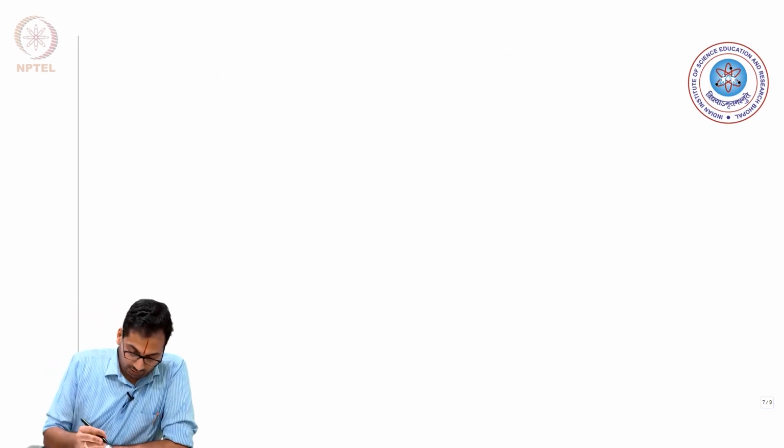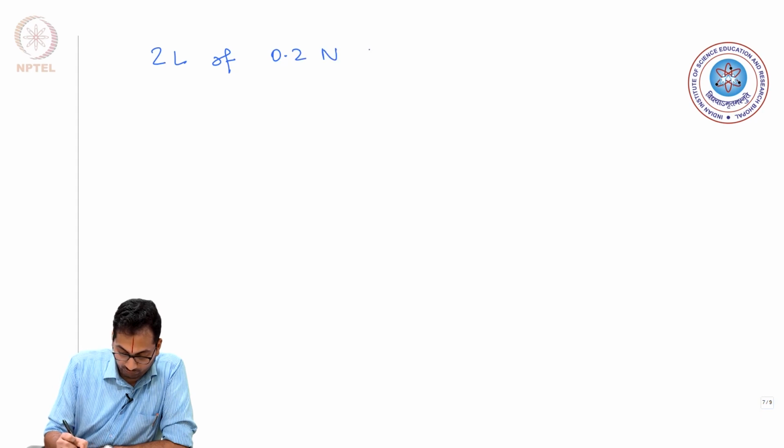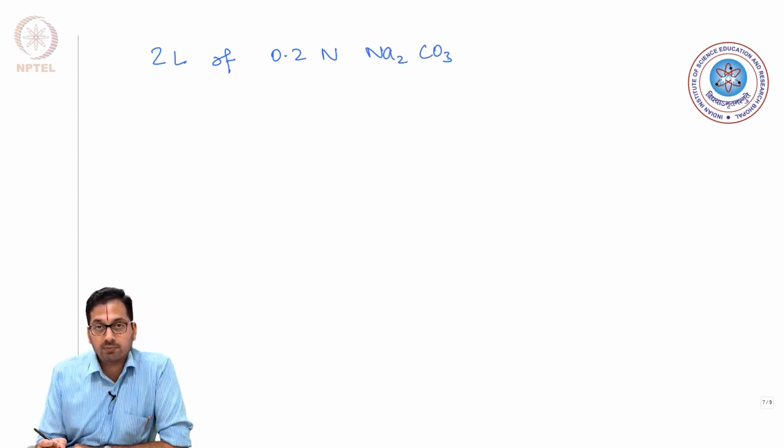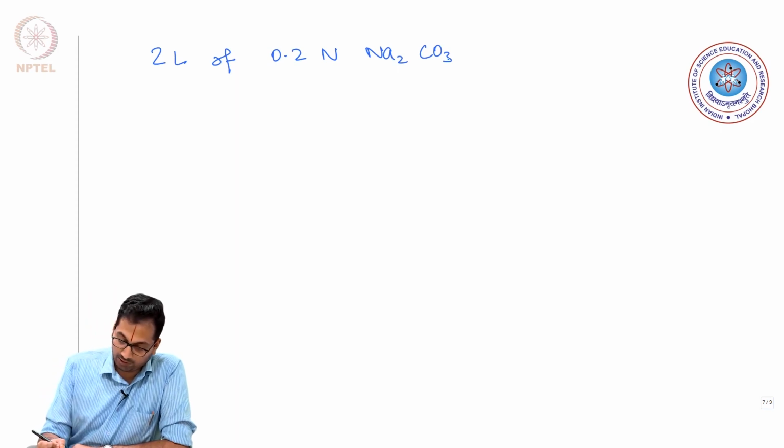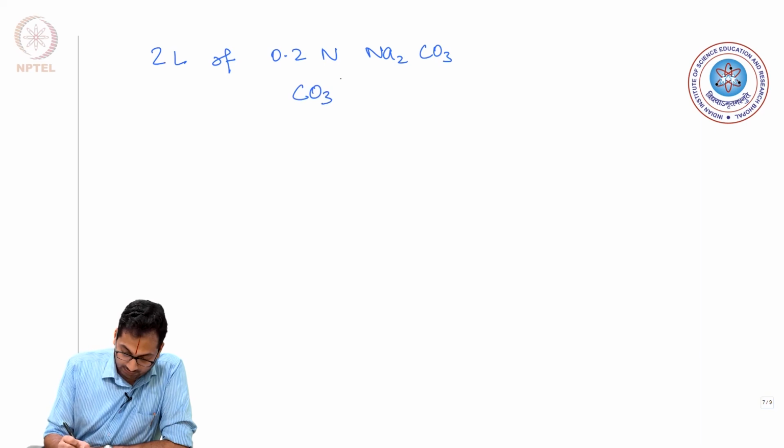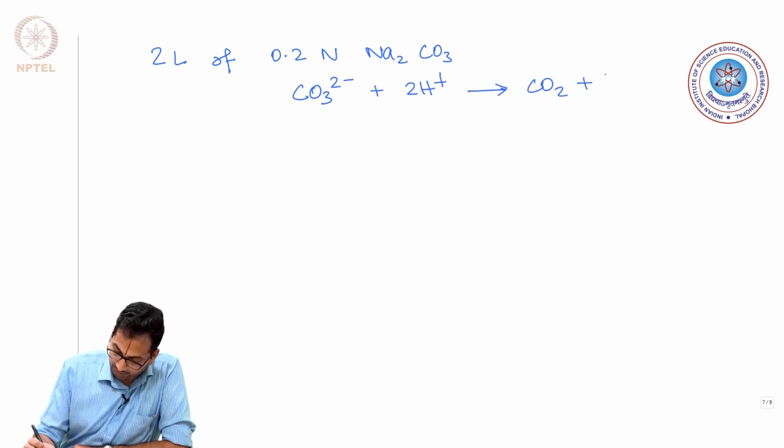Okay, so why don't we solve some examples? Let us say you have to prepare 2 liters of 0.2 normal Na2CO3, the same example as we have been seeing so far, sodium carbonate, where the carbonate gets converted to carbon dioxide.